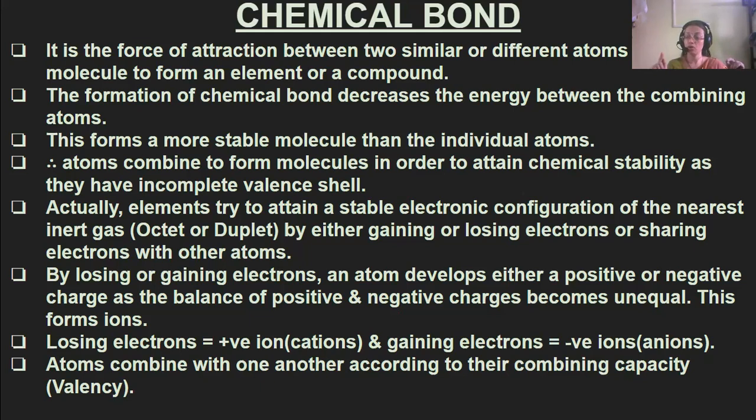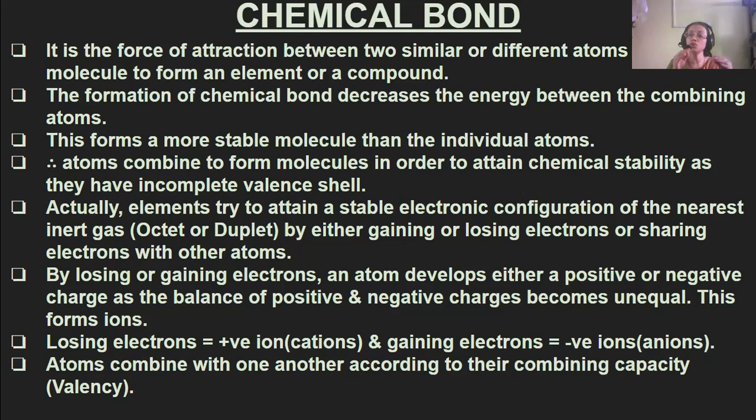So the elements which are not stable try to attain that octet or duplet condition, that is 8 electrons in the valence shell, by gaining electrons, losing them, or sharing them with other atoms. In doing so, they form a bond and form a molecule. By losing or gaining electrons, an atom develops either a positive or a negative charge. As the positive and negative charges become unequal, this forms ions.